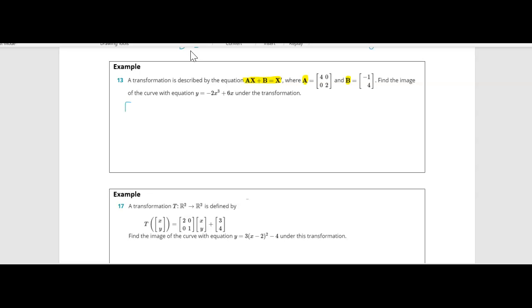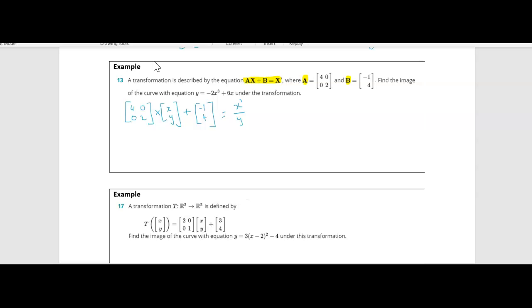So the value of A is 4, 0, 0, 2. Now this x is just the coordinates x, y. So we're basically multiplying those two matrices together, and then we're going to add b. Now that's what I forgot to do before. All right, so -1, 4 equals x dash.